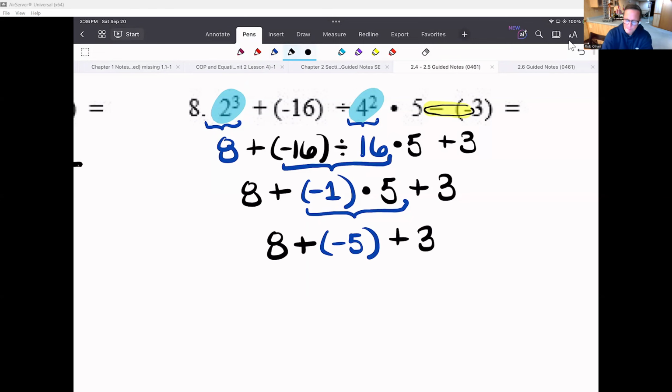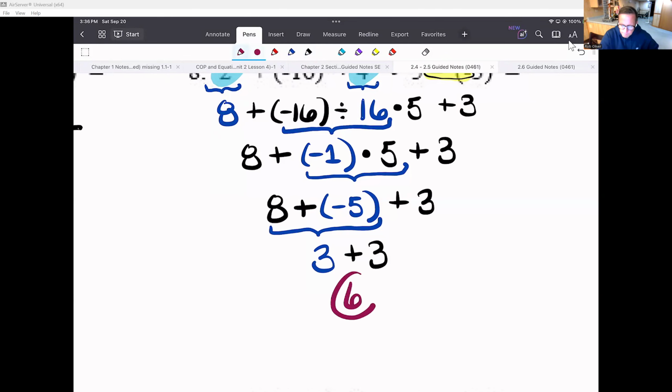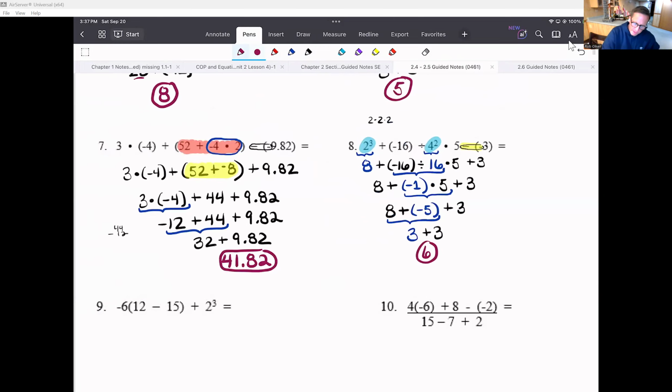And I'm just going left to right at this point. 8 plus negative 5 is 3. And then 3 plus 3 is 33. No, it's not. It's 6. All right, we're getting down to the bottom of this.